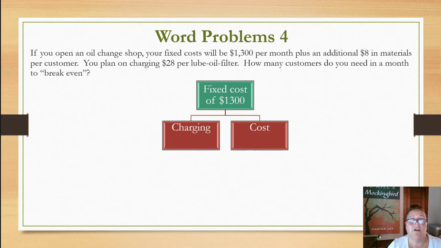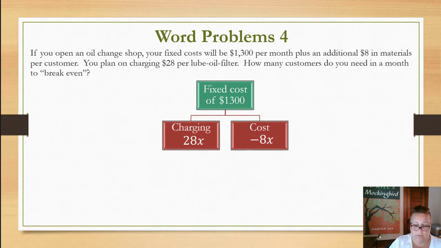We're going to charge $28 times the number of oil changes we're able to do. So this will be 28x, $28 per customer. It's going to cost us $8 per customer. And since it's going to cost us, we're going to lose that $8. So of the $28 we're going to bring in each customer, $8 is going to go out.